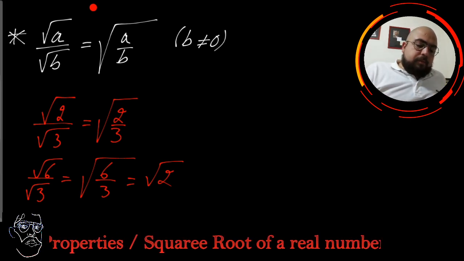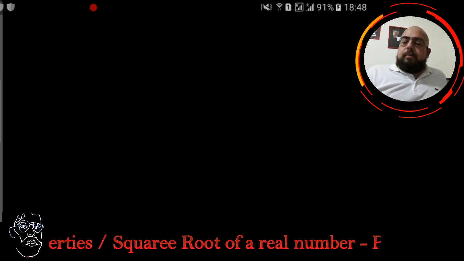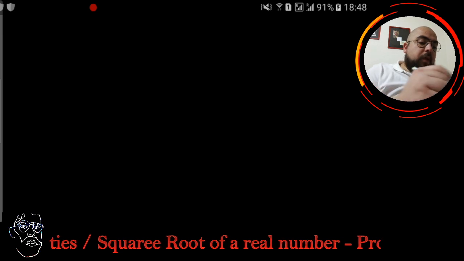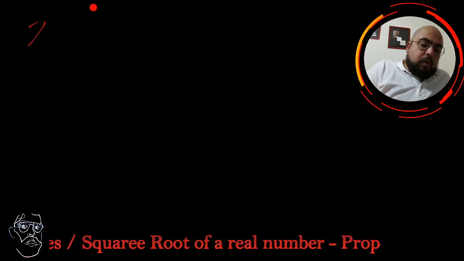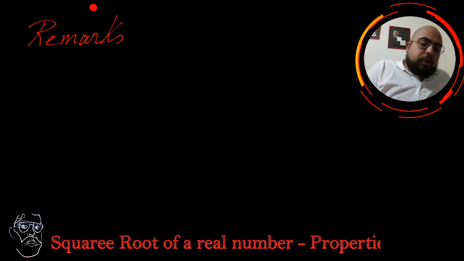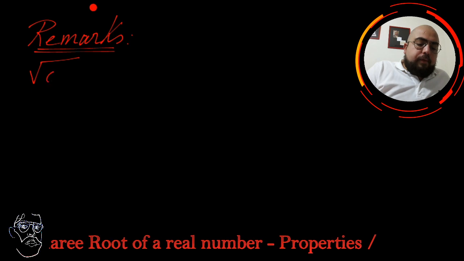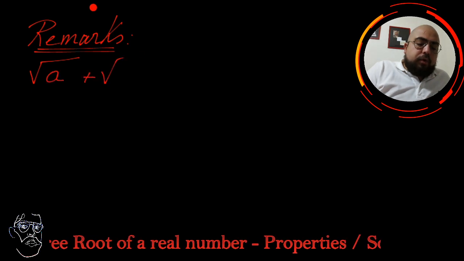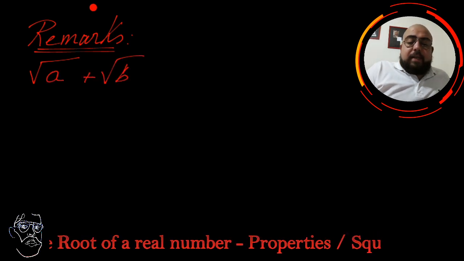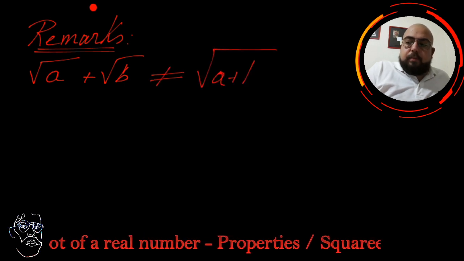So, the next one, I'm gonna give you some remarks related to operations with square roots. Whenever you have the square root of a plus the square root of b, it's not the same thing as the square root of a plus b.